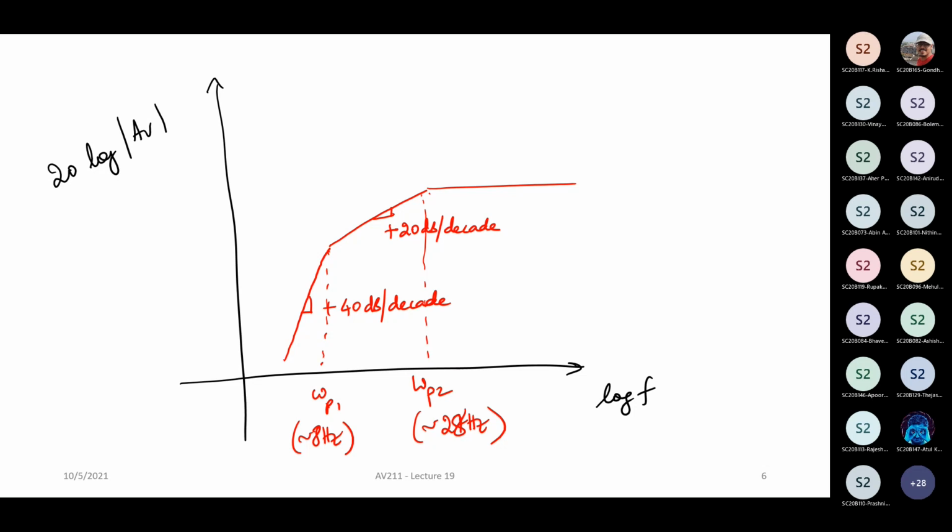Now, what did you guys observe in lab for these values? Sir, I think below 100 hertz, there was a little, what do you say, fluctuation.